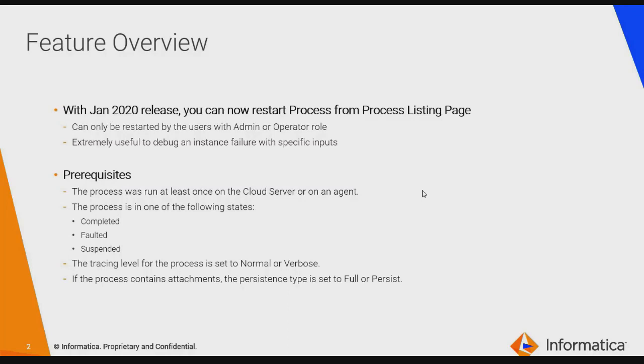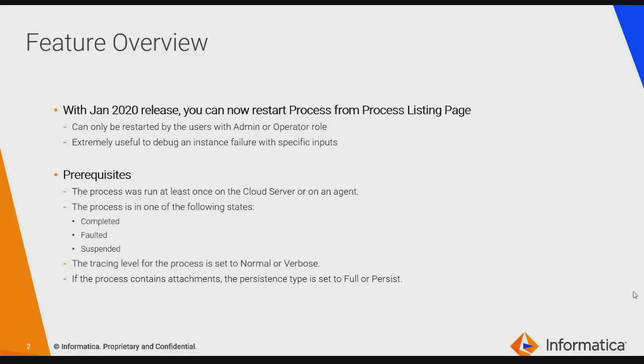There are certain restrictions on who can perform this role, and that's purely based upon the use case. The first restriction is that a process can only be restarted by users which have the admin or operator role. The typical use case is that you have multiple jobs running in production, and one or more of these jobs fail, and the administrator or operator managing the system does not have a fair idea of what the logic is and why certain things failed.